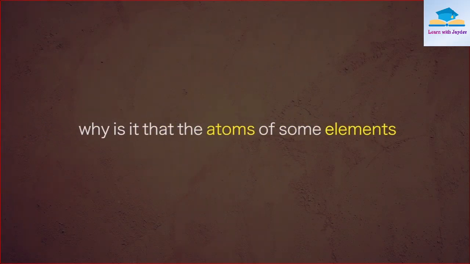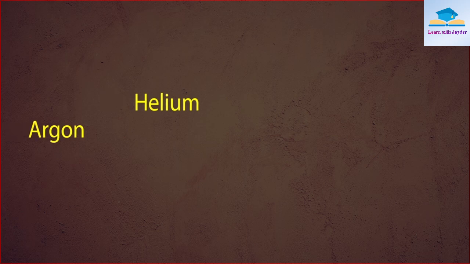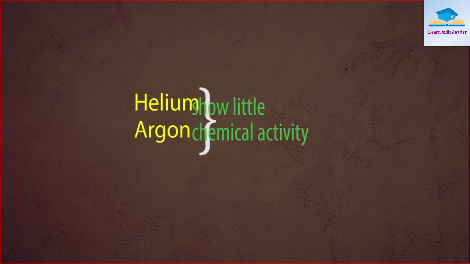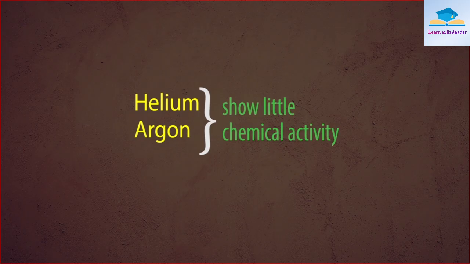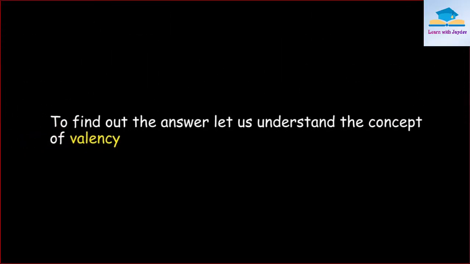Now, why is it that the atoms of some elements like helium, argon, etc. show little chemical activity? To find out the answer, let us understand the concept of valency.